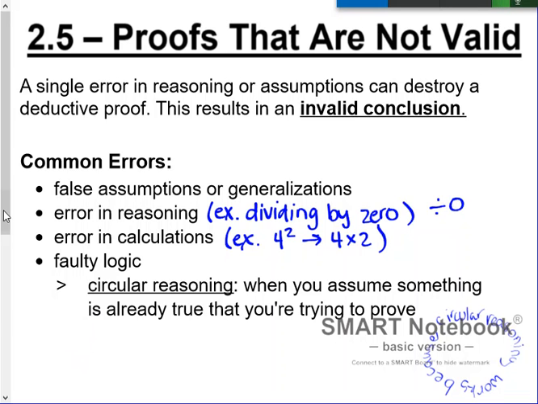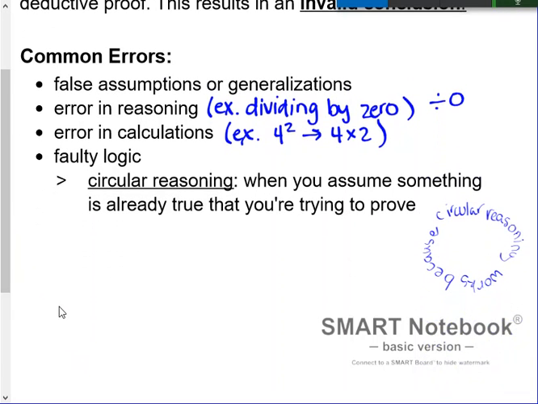You're assuming something is already true that you're trying to prove. It leads you into a circular argument. So, circular reasoning works because circular reasoning works. You're just looping around on yourself, making use of what you're trying to prove in your argument.